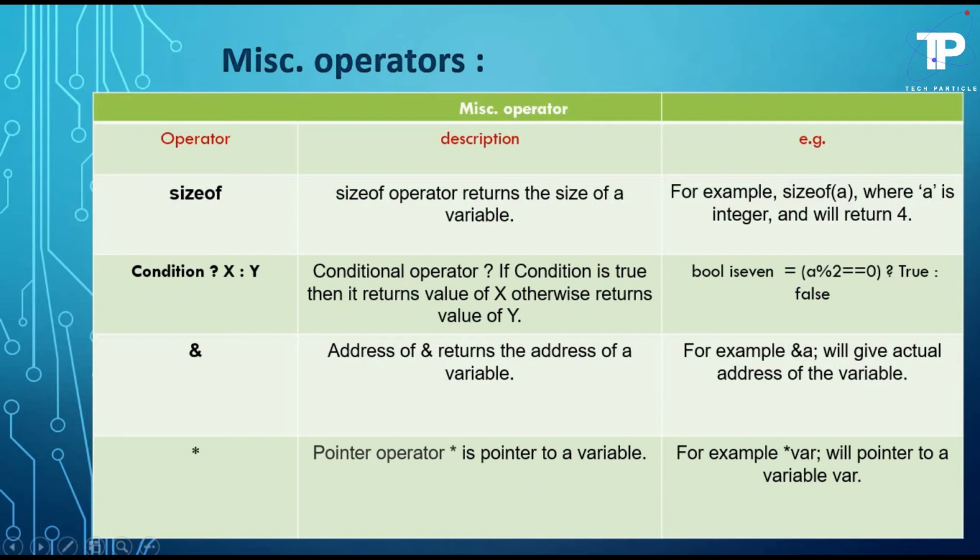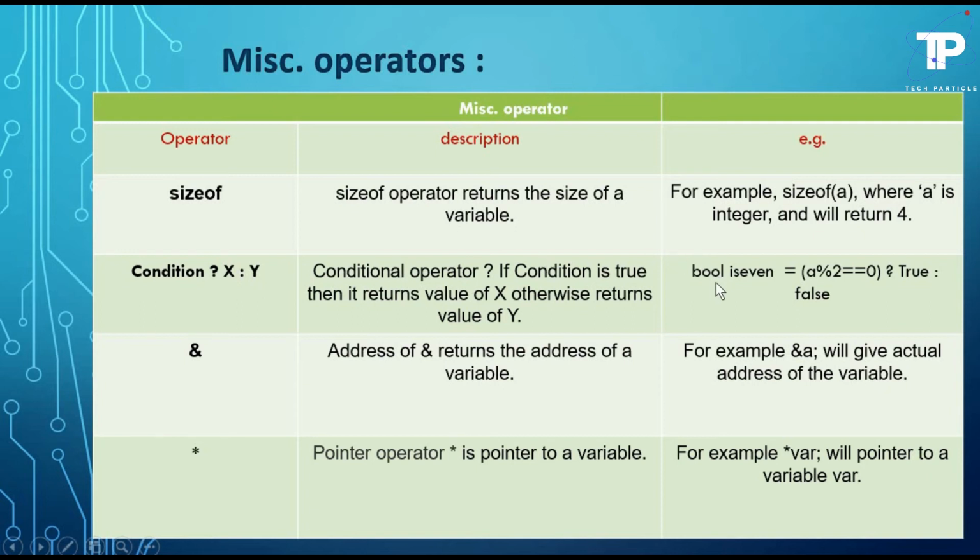The second one is the conditional operator. What does the conditional operator do? It first checks the condition, and depending on the value obtained, if the condition is true, then x would be returned, and if the condition is false, then y would be returned.